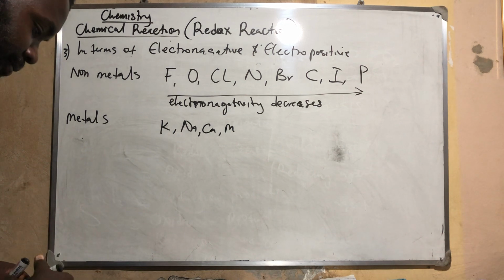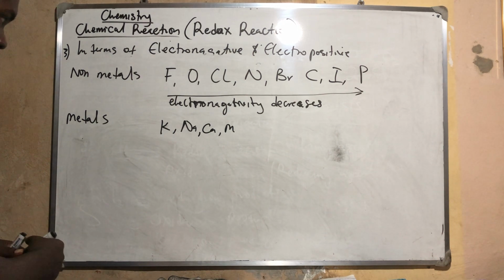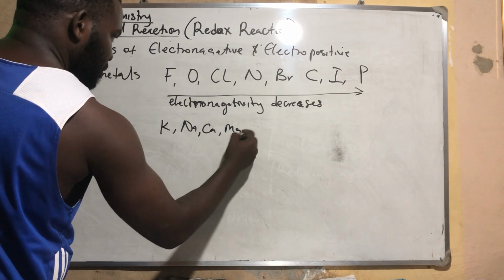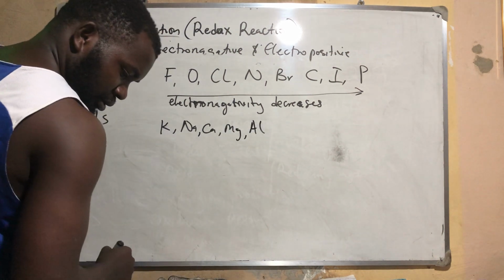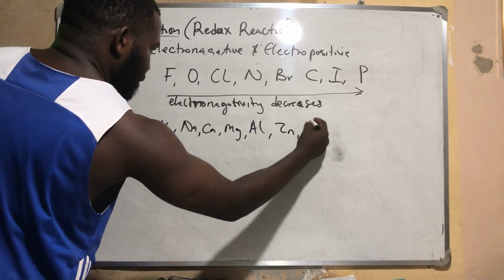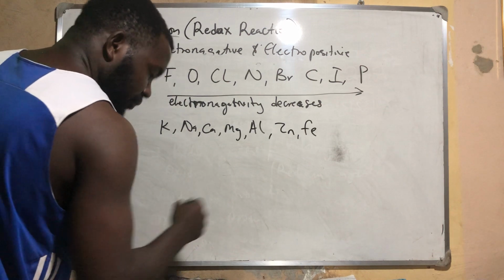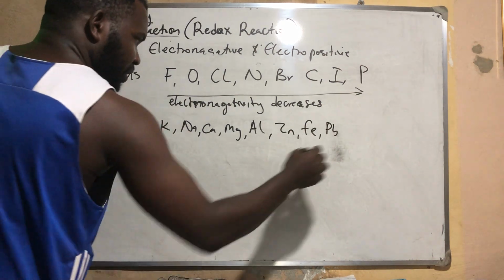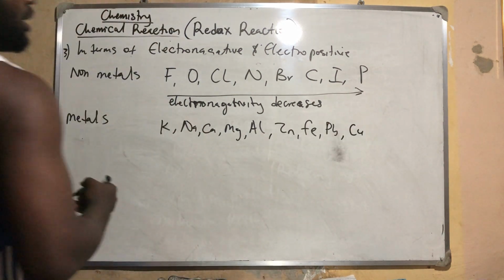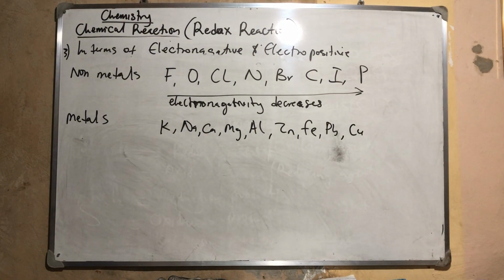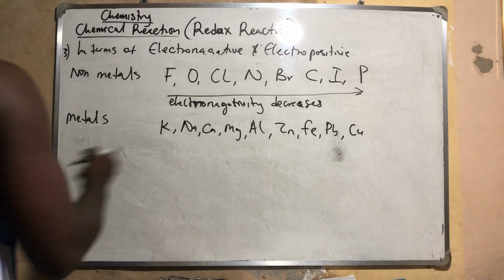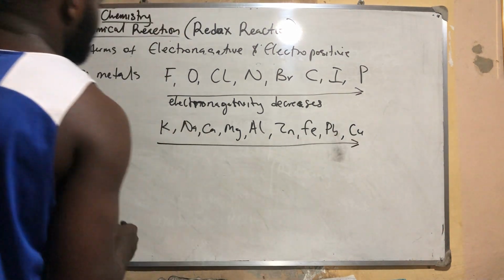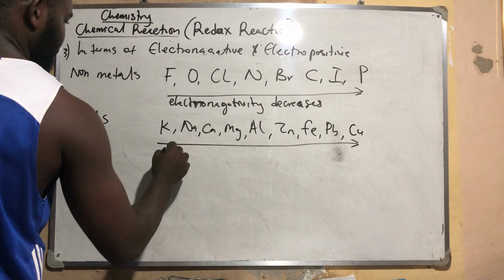That is the highest. So we have Mg, aluminium, zinc, iron, copper, and I think Pb is lead. Yes, Pb is lead.